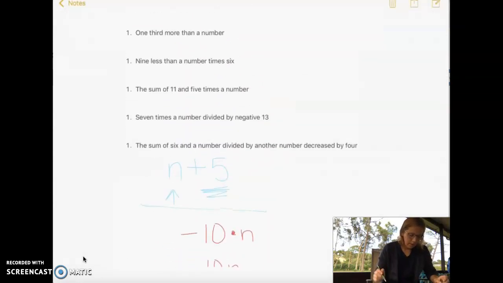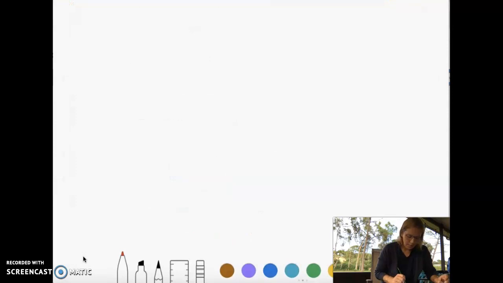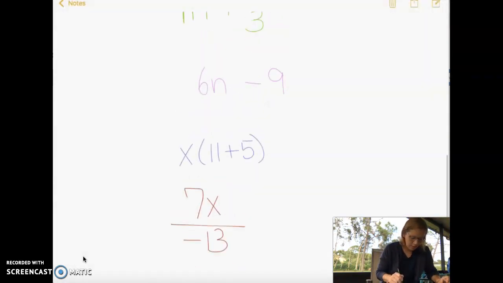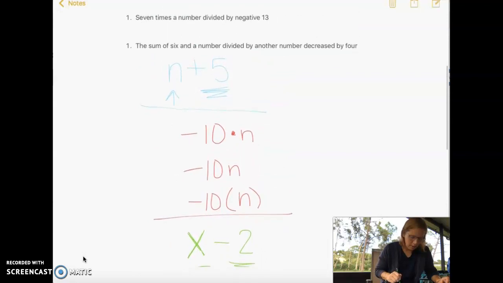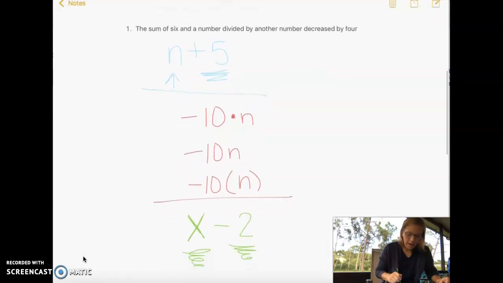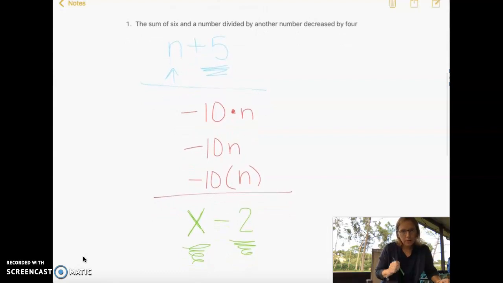And one more. This one's kind of long, so I might have to go back and forth. The sum of 6 and a number, let me do that part first. The sum of 6 and a number. And then let me see what the rest of it says. Sum of 6 and a number divided by another number decreased by 4.